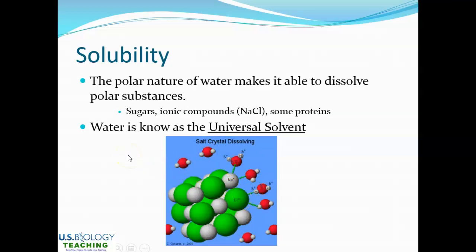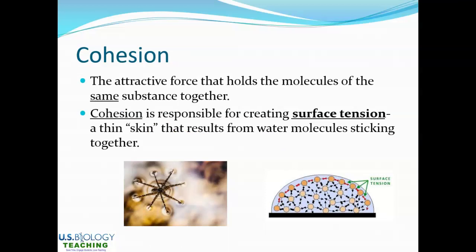So as a result, the ionic compound is going to dissociate. In this case, Na represents sodium, Cl represents the chloride, and they are going to dissociate or break apart and dissolve into the solution. So water is considered the universal solvent.